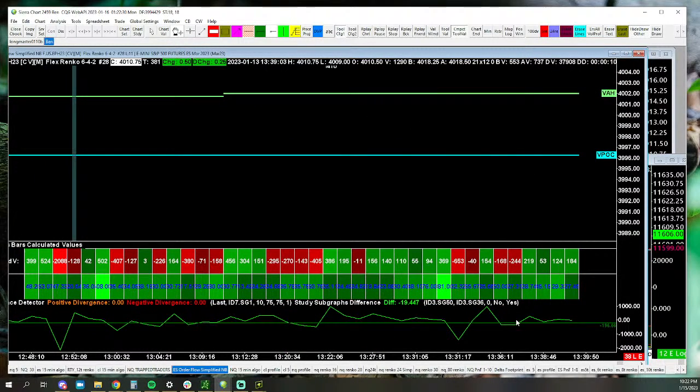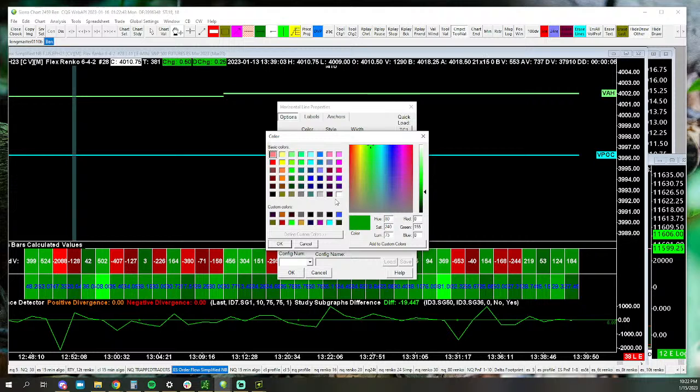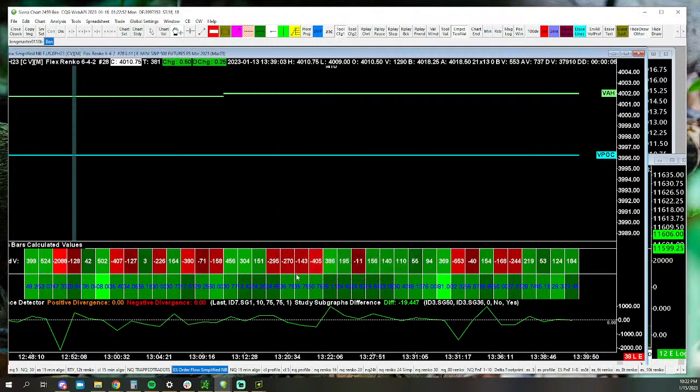So we're going to put a line right at zero. Maybe it's only if I zoom in. We'll put it there in white. So that is the zero. Maybe I'll make it dotted so you don't have any trouble seeing the other line. There we go. So that's going to be the zero line.